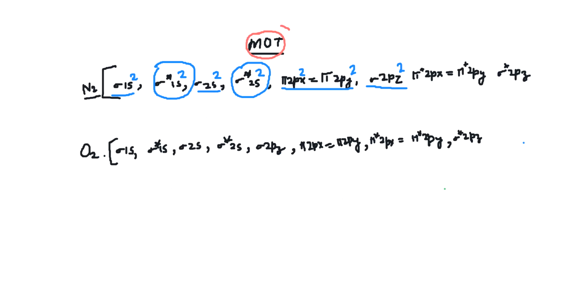If we notice the difference between nitrogen and oxygen, the only difference is that sigma 2pz in the case of the bigger molecule is actually here. Okay, rest everything is the same. So if you can just remember this given trick, molecular orbital theory is actually very easy for you guys.